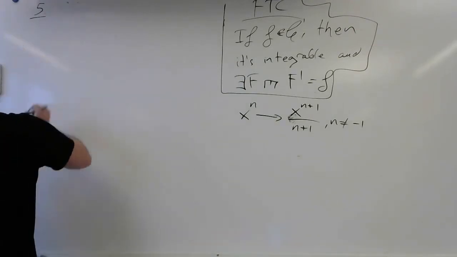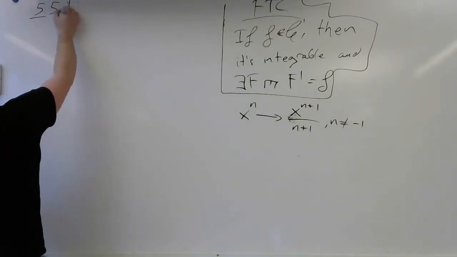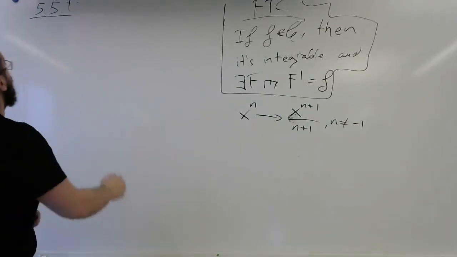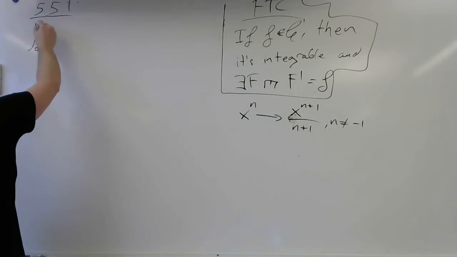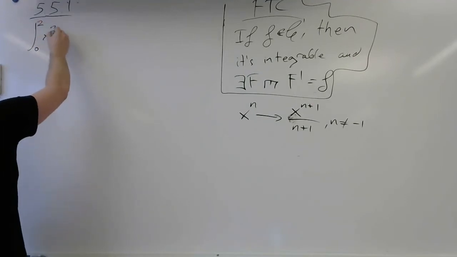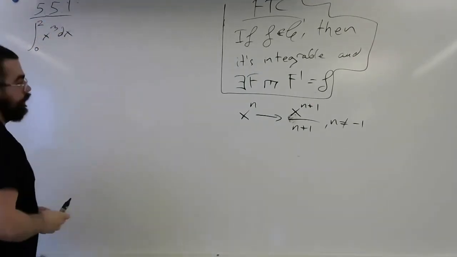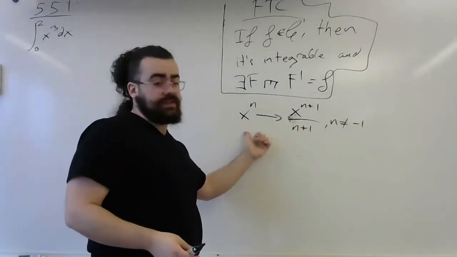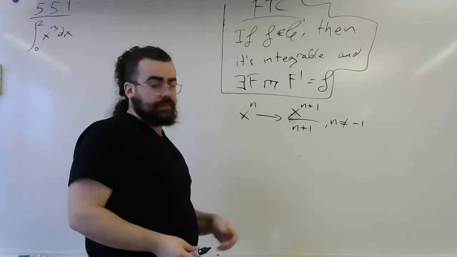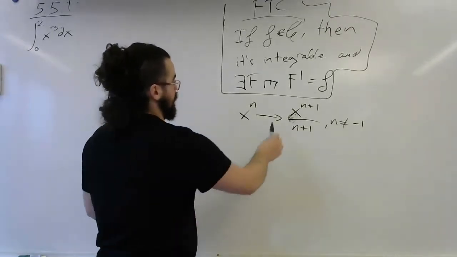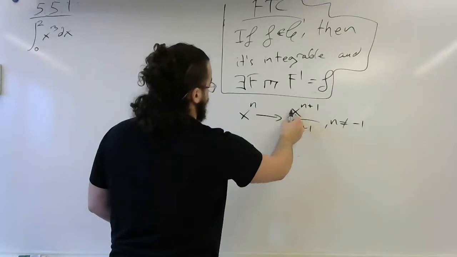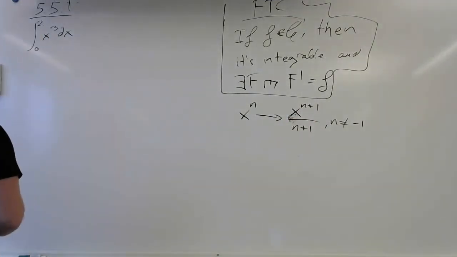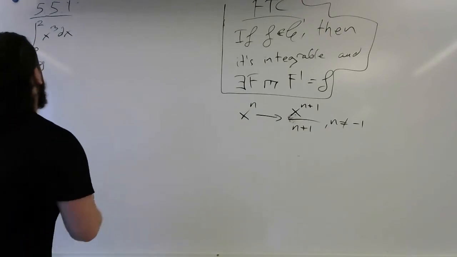We start with section 5.5, and I'm going to show you number 1 to begin with. Now, the derivative of this function is this function. Should be easy enough. This n+1 times x with 1 degree less. So we arrive here. We're going to use that as our first integration rule.